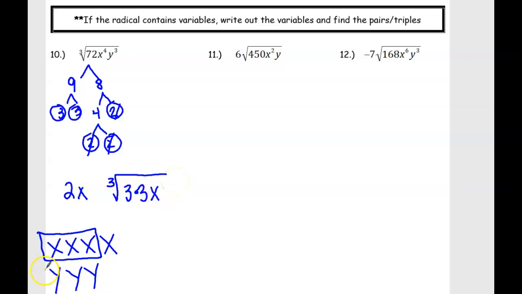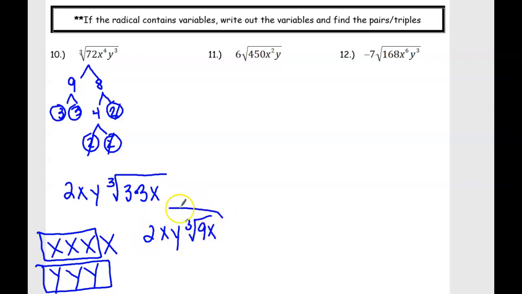Okay, now with my y's, I'm going to pull out 1 triple set of y's with 0 left over. Okay, so my final step here would be just multiply the 3 times 3, and I would get 2xy cube root of 9x. That would be in simplest radical form.